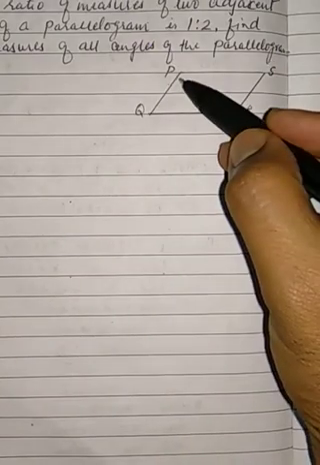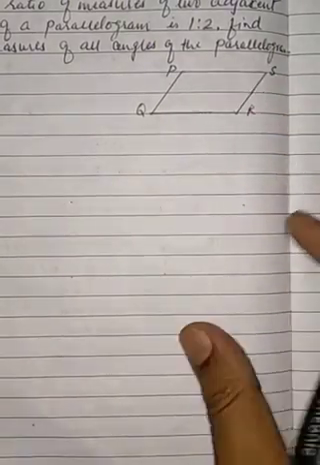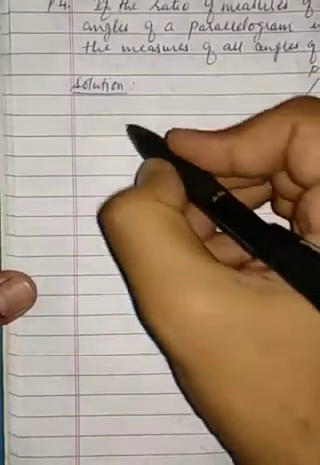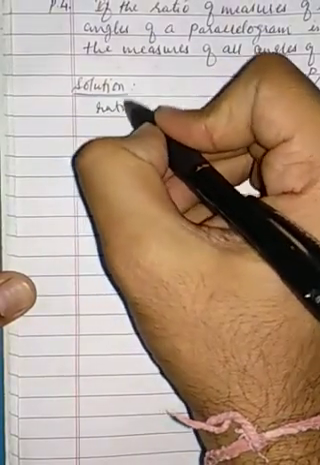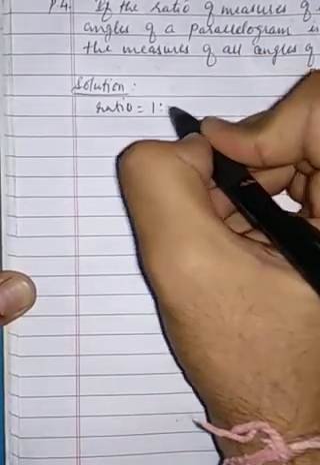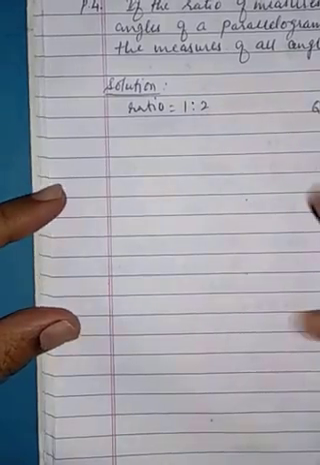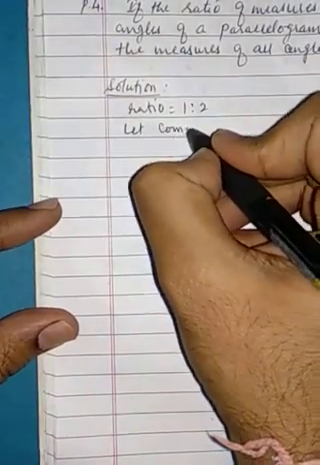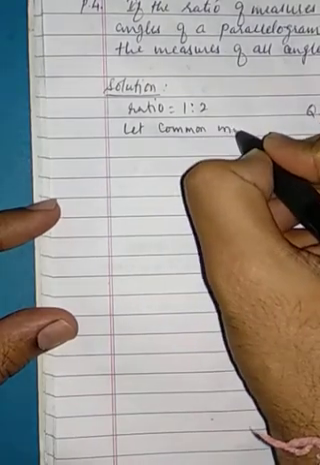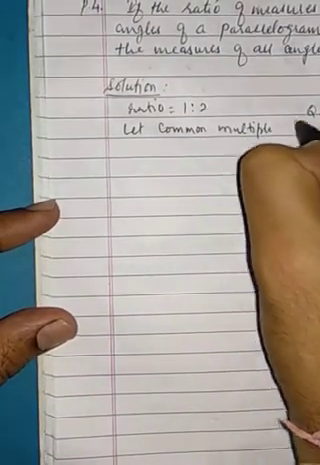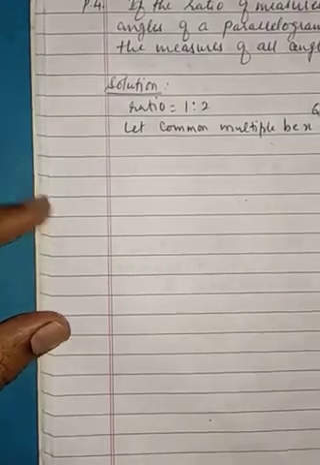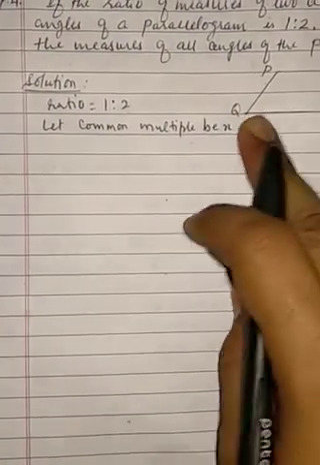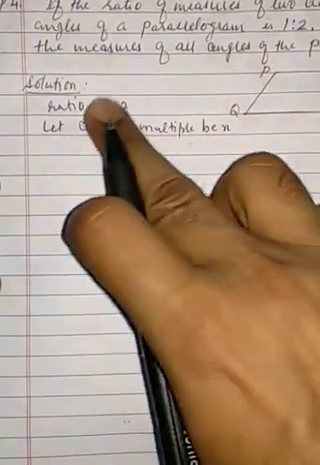Okay, P and Q, they are adjacent angles. So let's write here ratio is equal to 1:2. So if I have a ratio, I can assume a common multiple. Let the common multiple be x. So a common multiple which can be multiplied to the ratio.